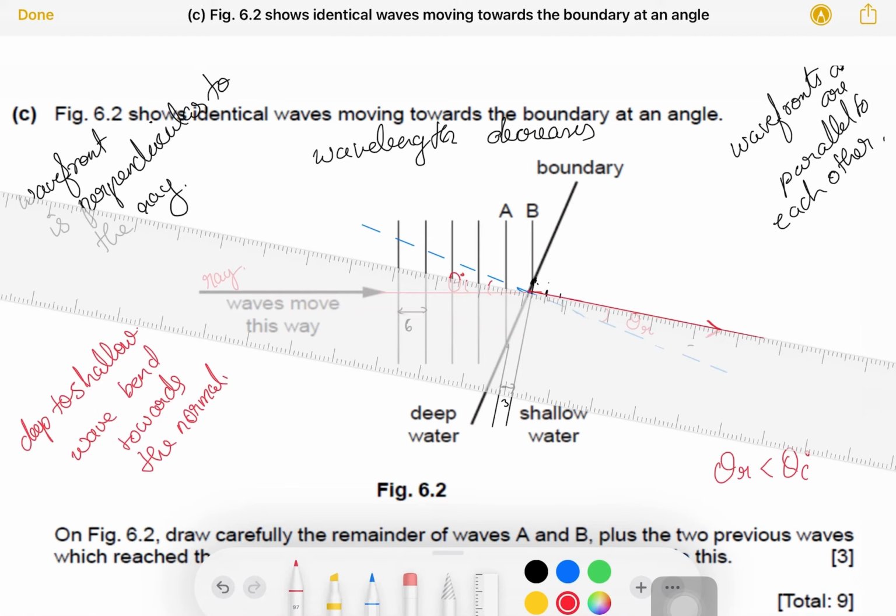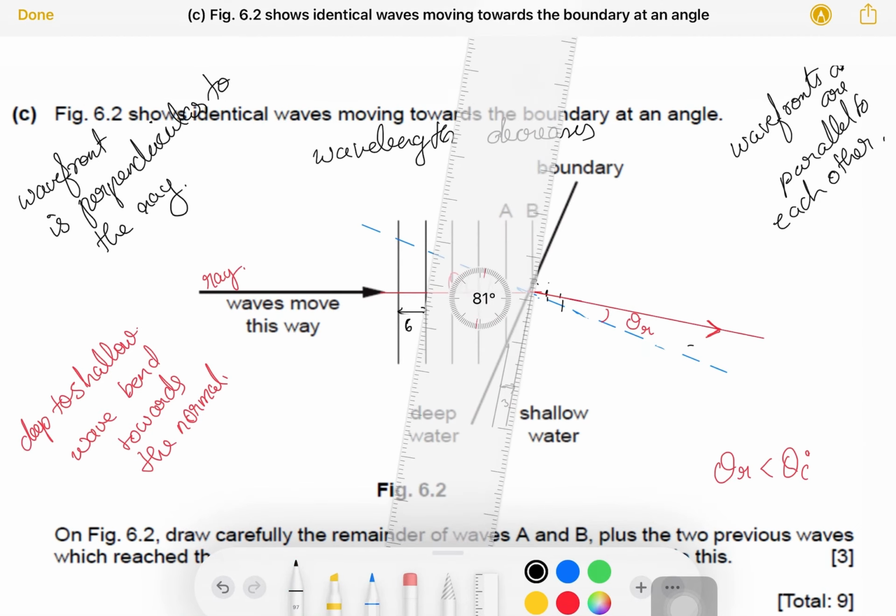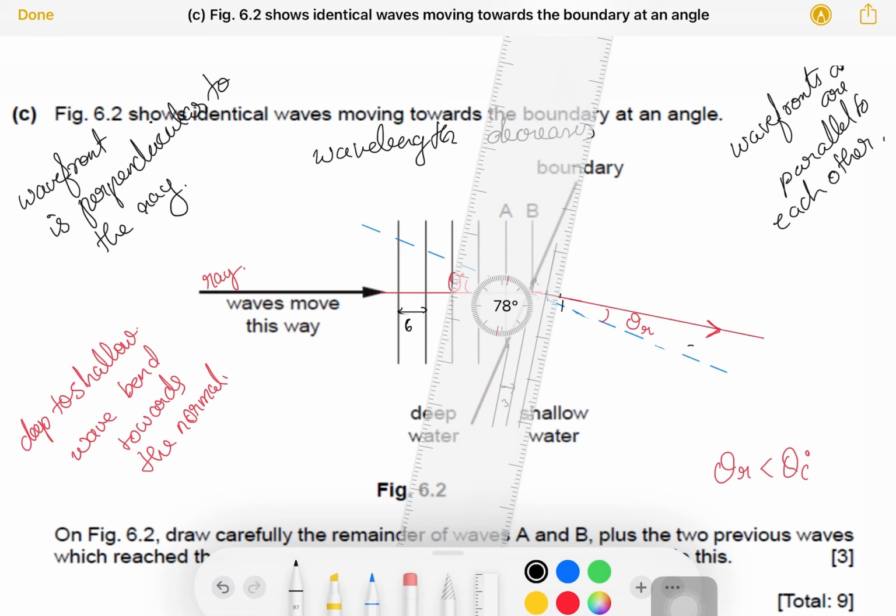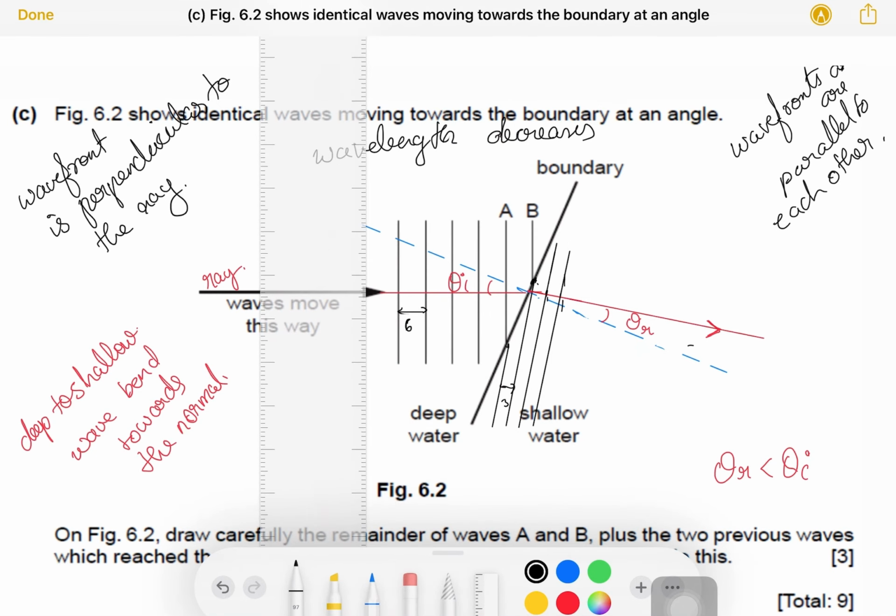Now I have to keep it perpendicular to the ray, and then I draw the next wavefront, and again one more. So in total I have drawn 4 wavefronts. You don't have to extend it till here, you can shorten it till here.